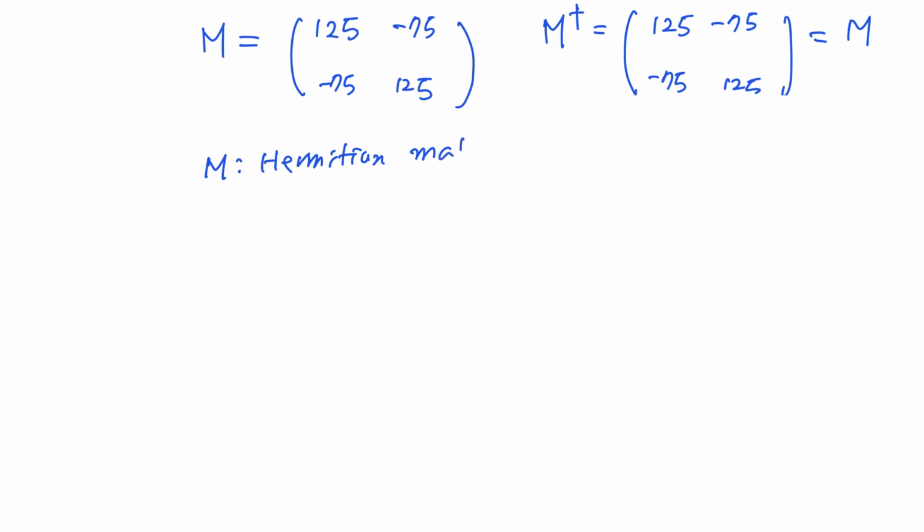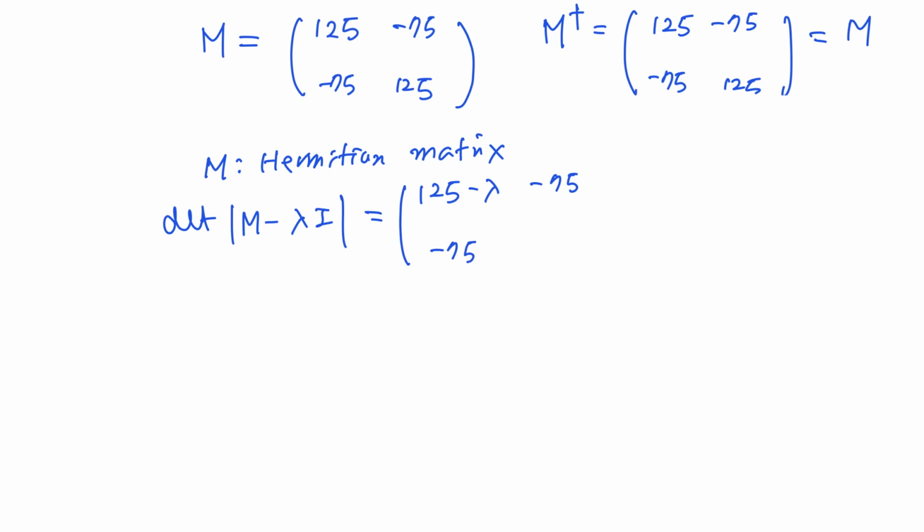Okay, probably I should try to write down slowly because my handwriting is not very good. So let's try to find out the eigenvalue first. Determinant M minus lambda I, 125 minus lambda, minus 75, minus 75, 125 minus lambda, right?